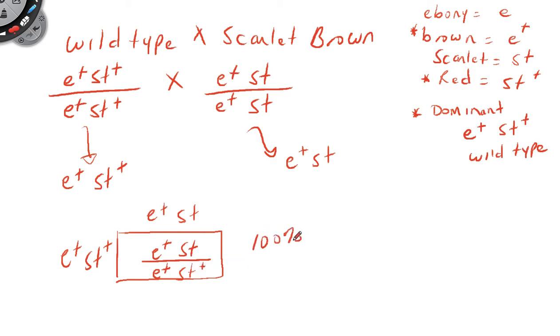So 100% of my population is going to be wild type. Because remember, wild type means that you have these two dominant alleles, and you do. You have it here and here. So 100% of the population is going to be wild type. All right, so these are just a few practice problems, including linked genes.